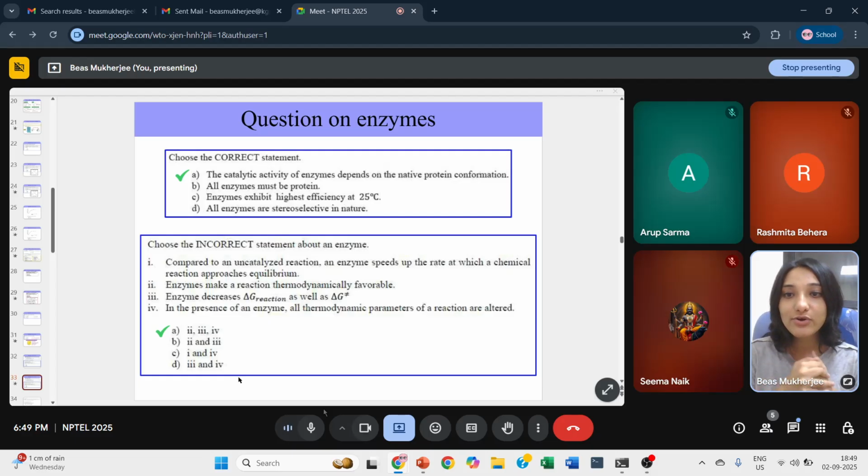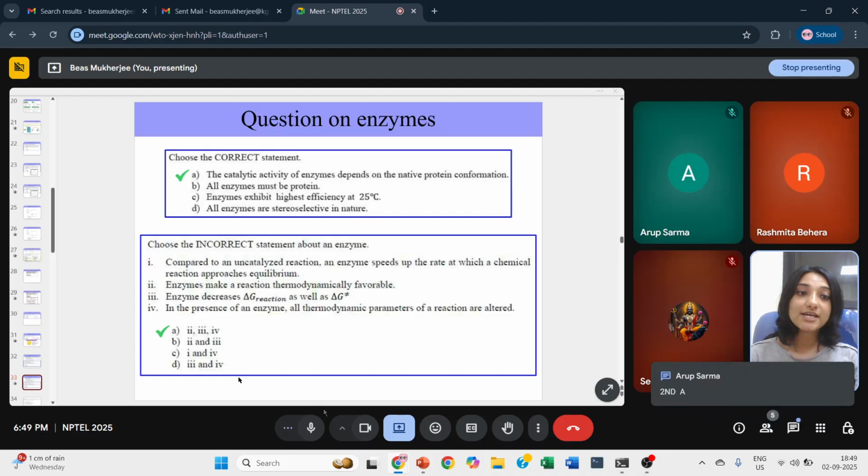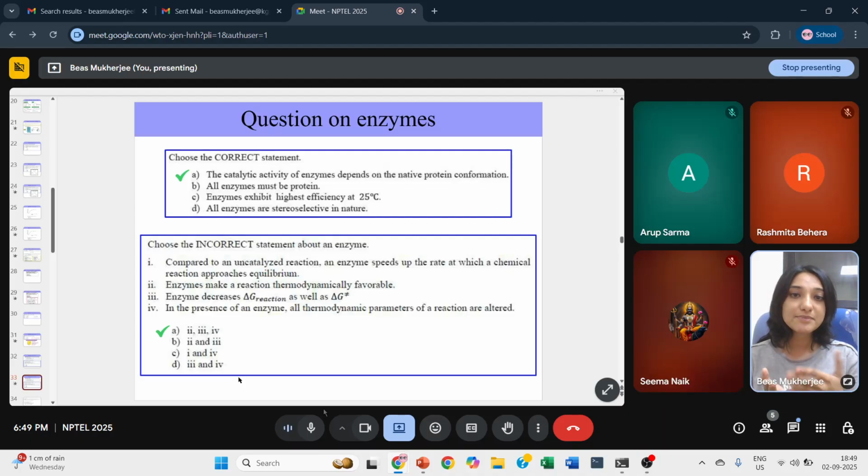Now, why is that so? Because compared to an uncatalyzed reaction, the enzyme speeds up the rate at which, second one is also A. That is correct. Yes. So, A tells you that the enzyme speeds up the rate at which a chemical reaction approaches equilibrium. So, that is not correct.